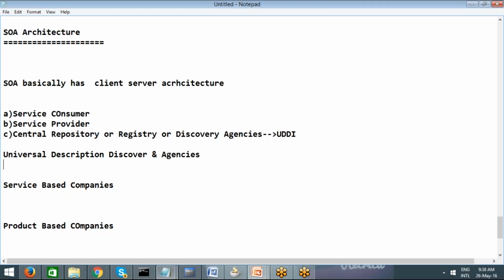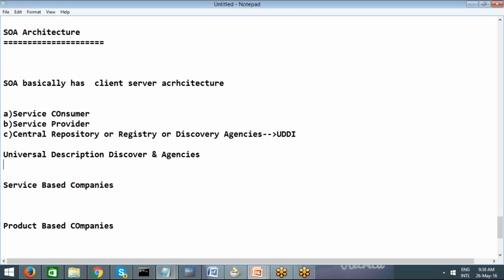There might be 5 to 6 services available as per his requirement given by different vendors. Then what does he do? He tries to shortlist the service based on the service contract. Your service contract is nothing but the WSDL file which the service provider has published. So he goes through that contract and tries to figure out which service is more appropriate for him.